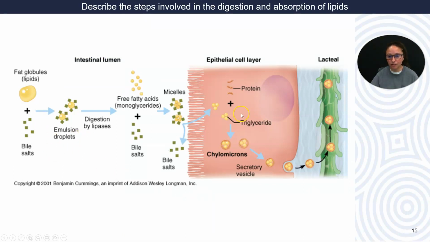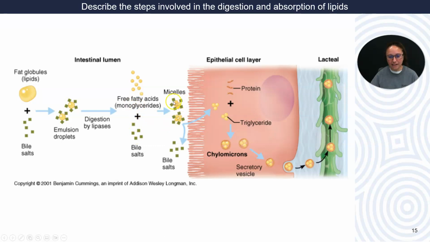This is a picture of it, and I'm sorry about it being blurry. It's the best I could do. So here you've got the bile. Here you have a fat piece of lipid. You add bile to it and it breaks it up into smaller pieces of lipid. Then these two things get together and form a packet.